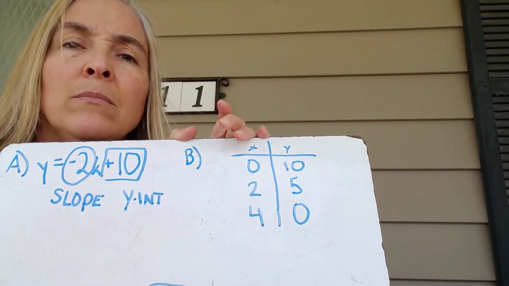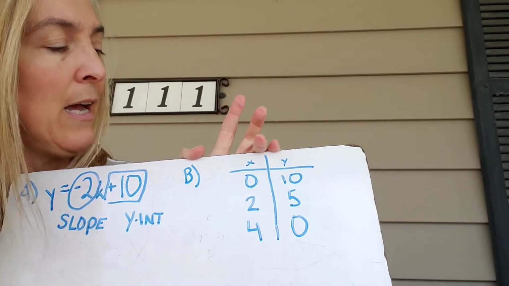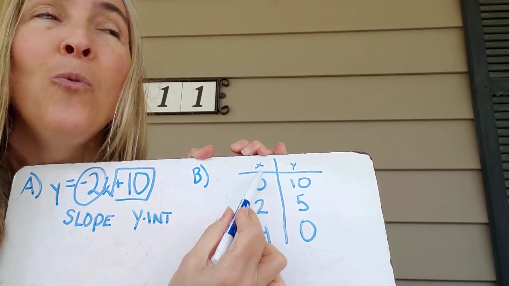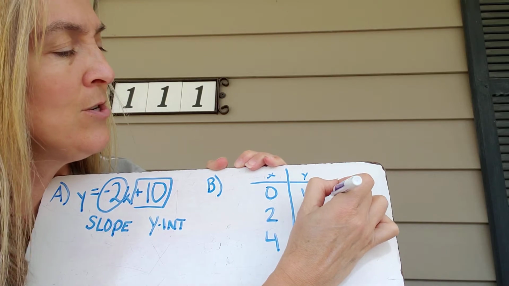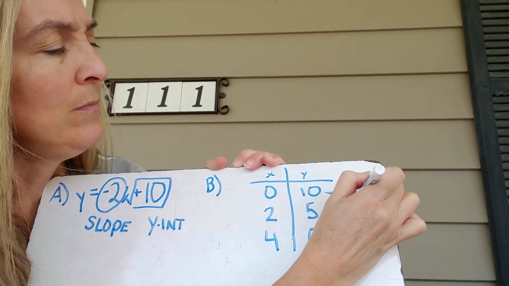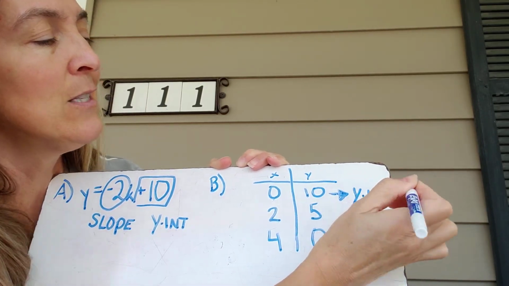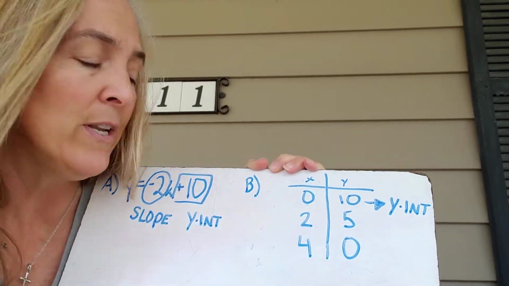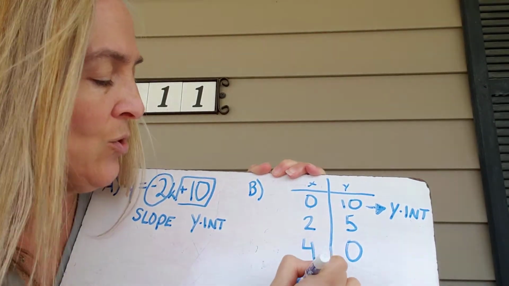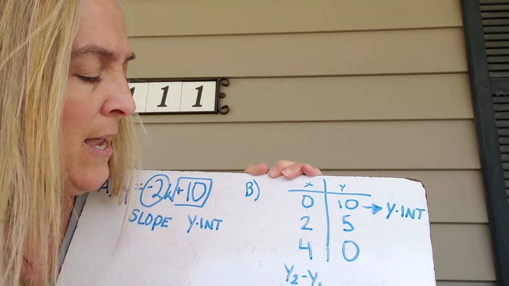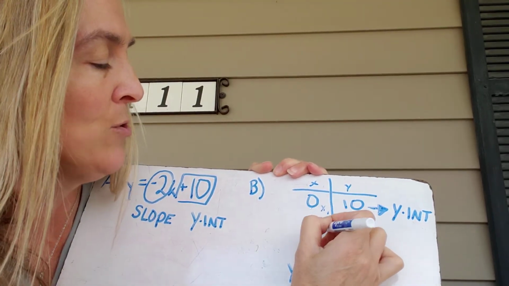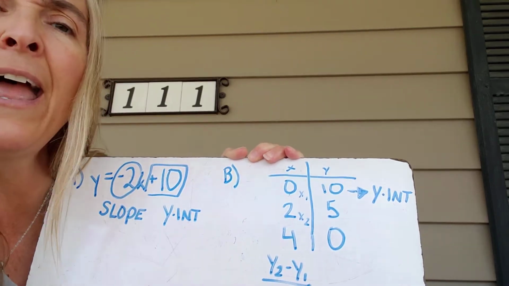For the table, a little bit more work, not a lot, because again, they give you when x is 0, y is 10, right there is your y-intercept. To get the slope, we use the same formula we just did, y2 minus y1 over x2 minus x1. I'm going to label this my first x, my second x.